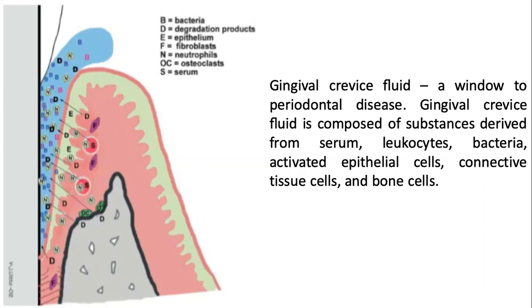B is bacteria, D is degradation products, E is epithelium, F is fibroblasts and N is neutrophils, O C are the osteoclasts, and S is serum. So gingival crevicular fluid is composed of substances derived from serum, leukocytes, bacteria, activated epithelial cells, connective tissue cells, and bone cells.